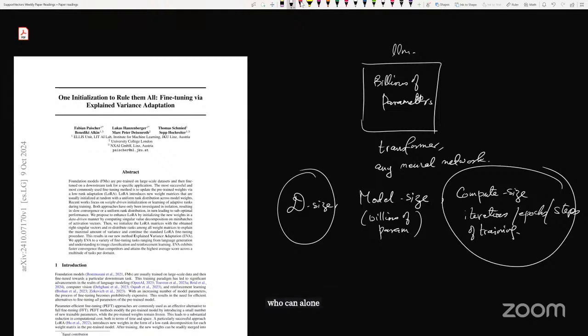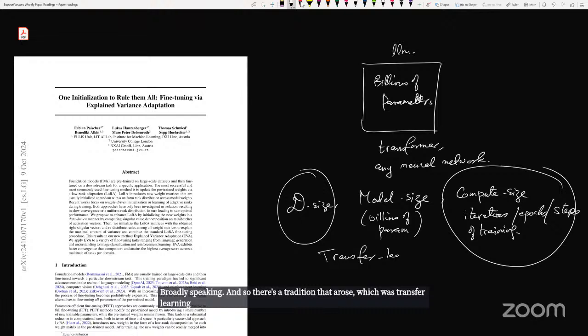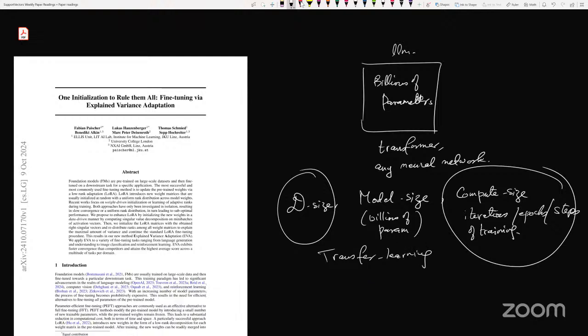And also we know, unfortunately, that bigger models are better, broadly speaking. And so there's a tradition that arose, which was transfer learning. And obviously, I'm speaking the very basic facts, and I apologize if this appears too elementary to most of you.